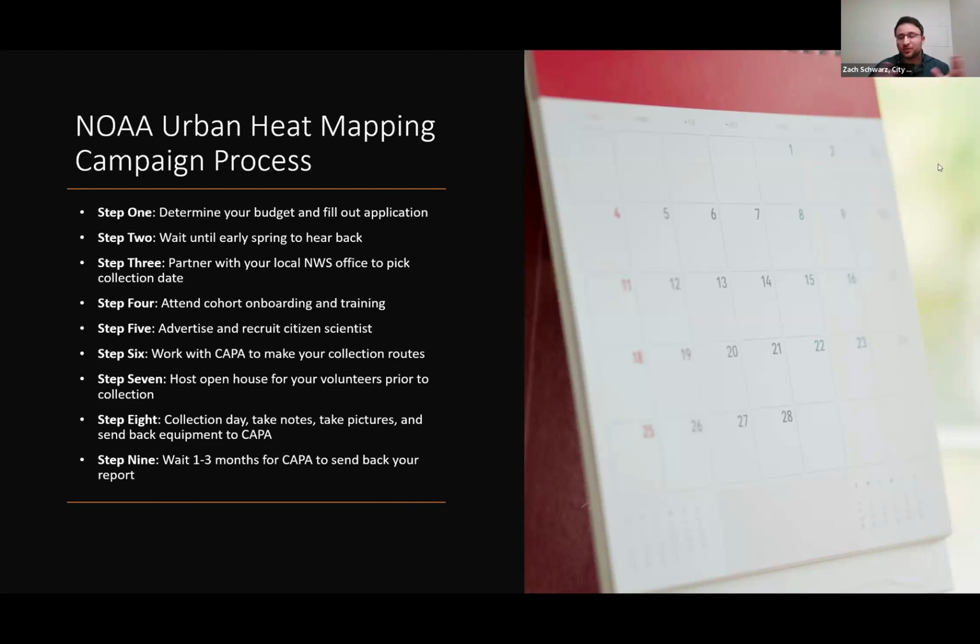And you can match and pair volunteer groups on different shifts and things like that. But you're basically collecting heat, humidity, wind direction, and temperature throughout an entire day, preferably the hottest, driest, cloudless, windless day you can possibly find.